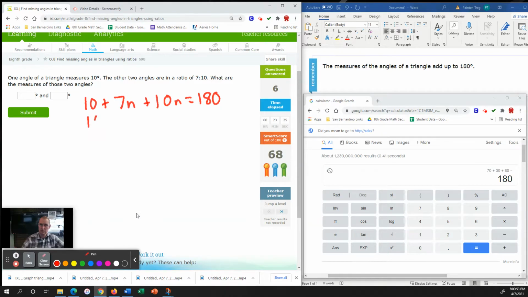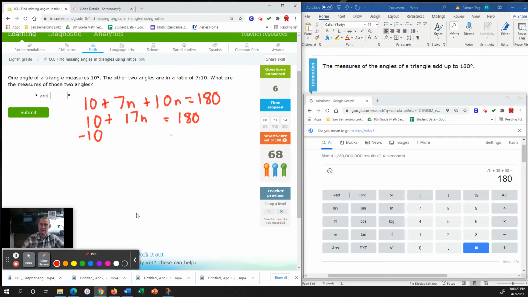Okay, first step is we're going to combine like terms, which are going to be the n, so the 10 stays the same. And 7 plus 10 is 17n equals 180. And subtract 10 from both sides, so minus 10. Oh, yeah, we got an 18 in there. Okay, so we're going to subtract a 10 instead of an 18.